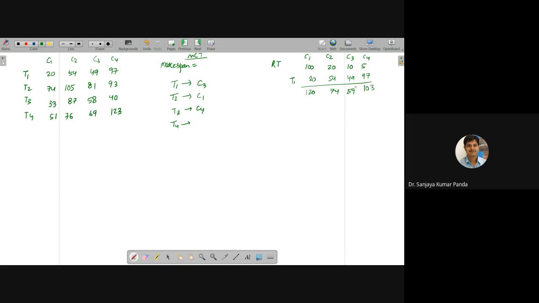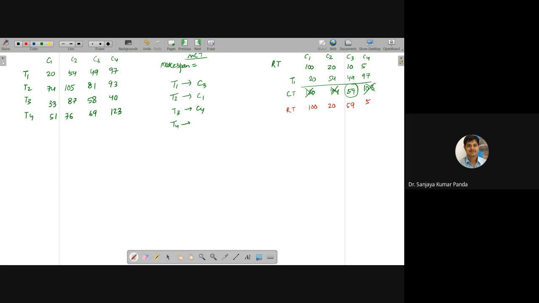Yes, it is correct. 59 is the earliest completion time, and we cancel the other mappings. And now the new ready times are 100, 20, 59, and 5 respectively.